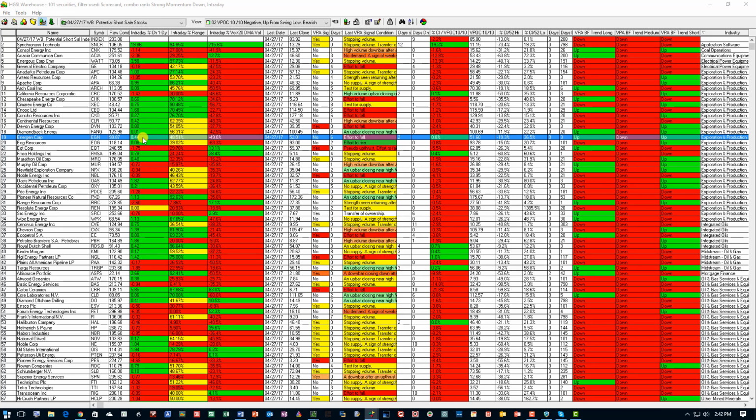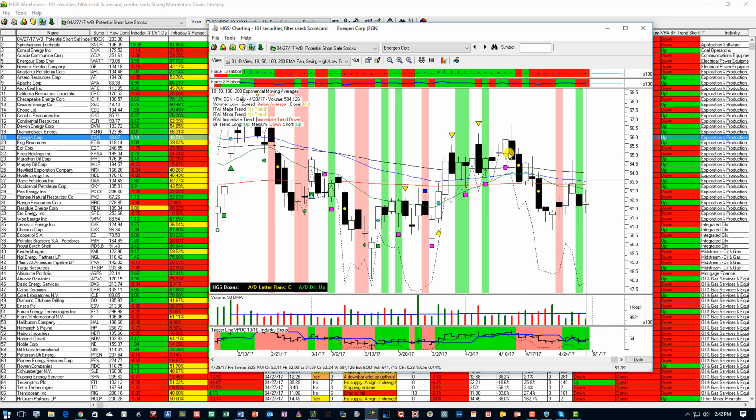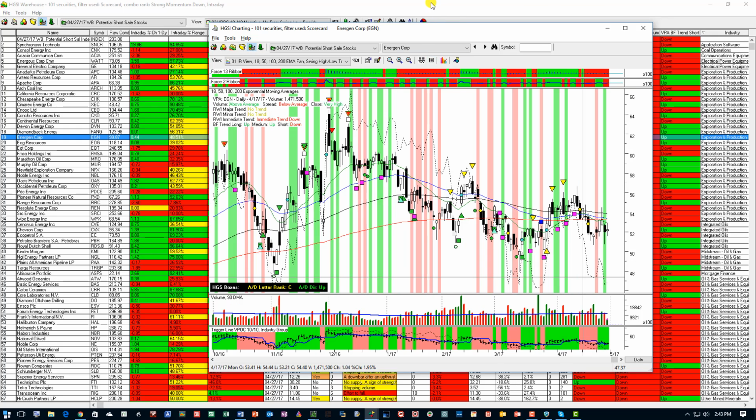But I'll just bring up a stock at random here. Don't know anything about it. And you can see that as I zoom out, this stock has been in a downtrend. Once again, the dotted line represents the group, and these stocks generally follow what the group is doing.